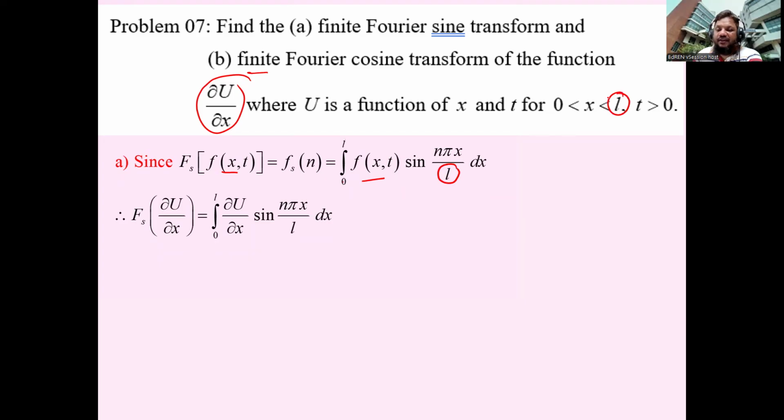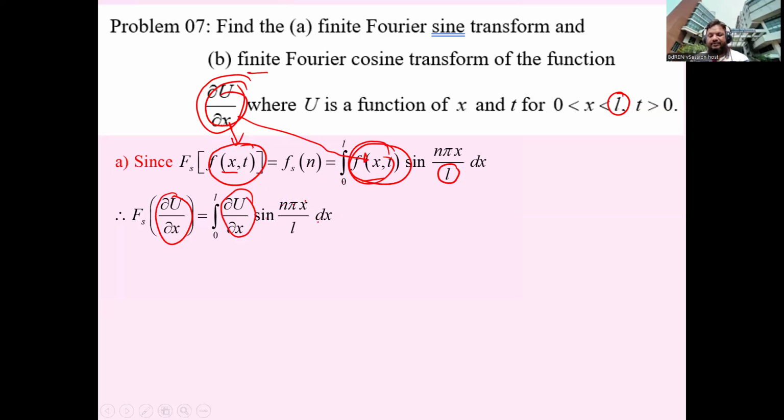In this case the upper limit is L. If it is del u del x, we just replace f of x,t with del u del x. So the left hand side is the Fourier sine transform of del u del x, which is the integral from 0 to L of del u del x sine n pi x by L dx.